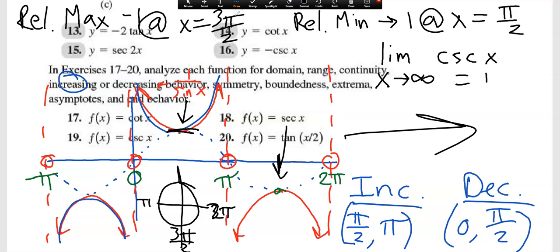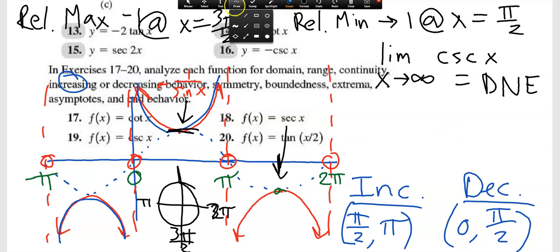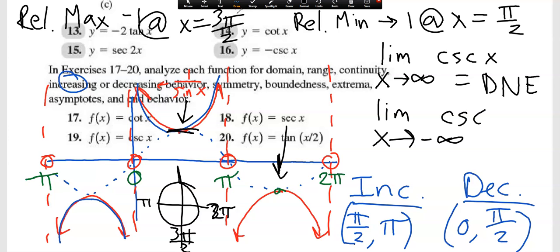Okay, folks. What about the limit as you go to negative infinity? So what happens on the other side? Hopefully you realize that it's the exact same thing. The limit does not exist on that side either.